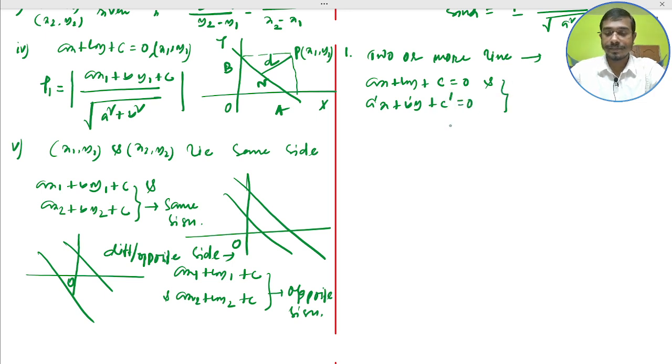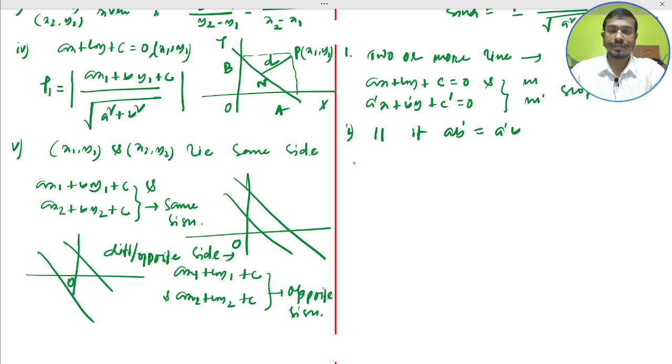These are the two lines, where the first line has slope m and the second line has slope m dashed. So these lines would be parallel if ab dashed is equal to a dashed b.